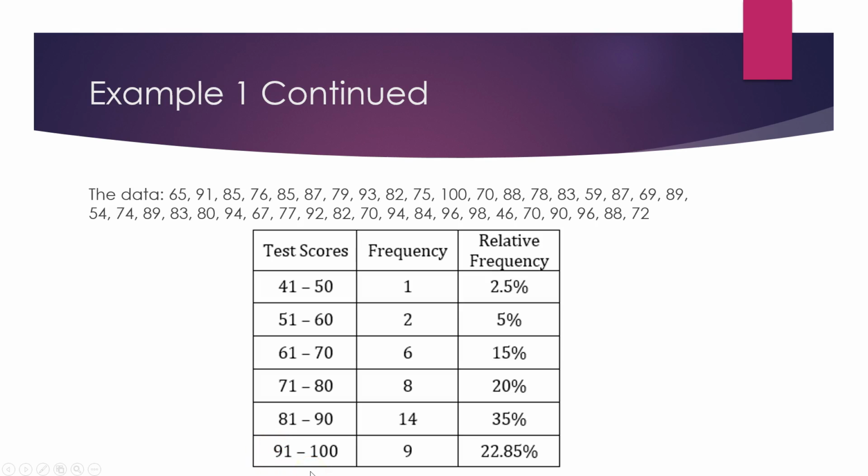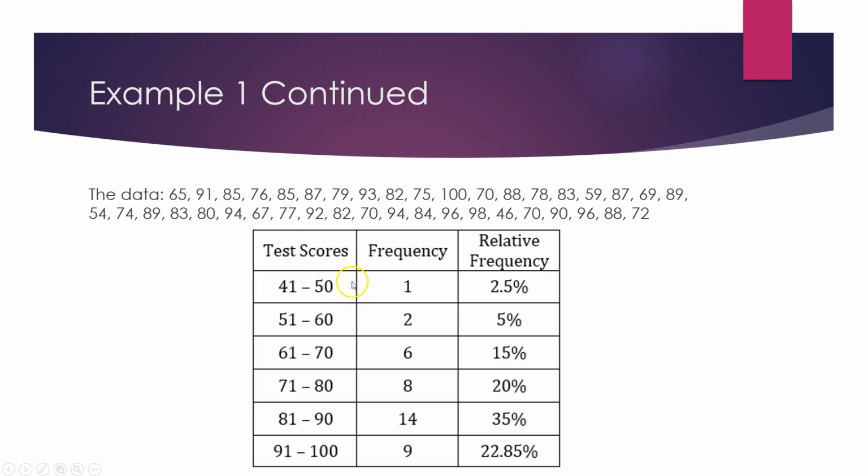This is completely fine as long as you don't have a certain number of classes that you need to have. Maybe you want to match two different frequency distributions. But for the most part, you have a lot of flexibility, and since you do, you might as well use convenience to your advantage. So if I were to redo this one, I would start at 40 instead of 41 so that I can just look at the scores that have a 4 in the tens place.